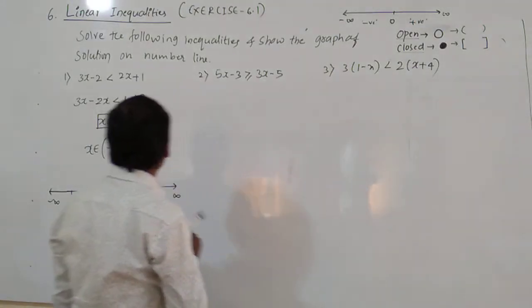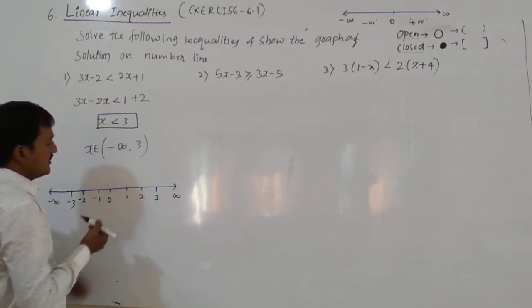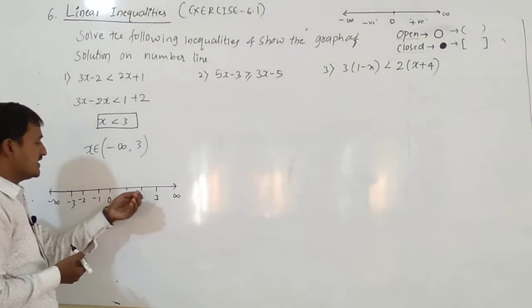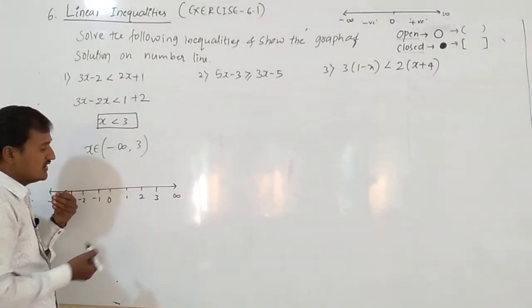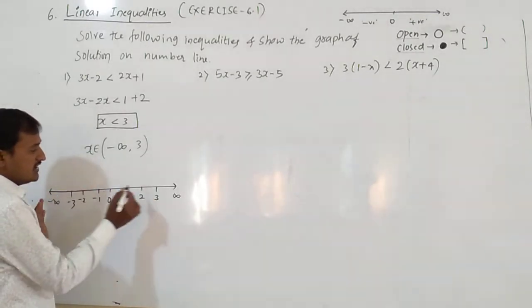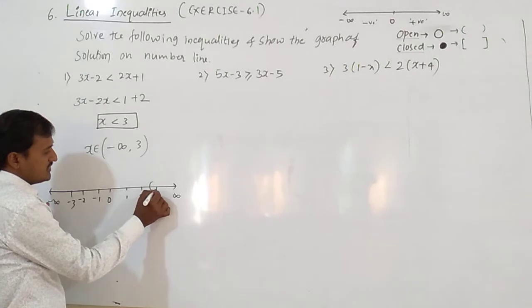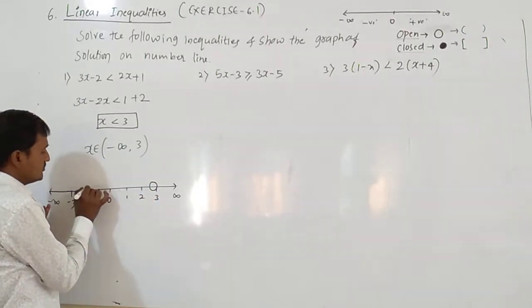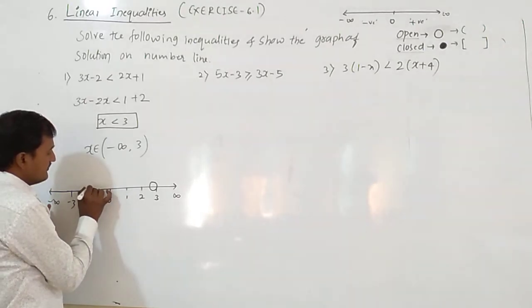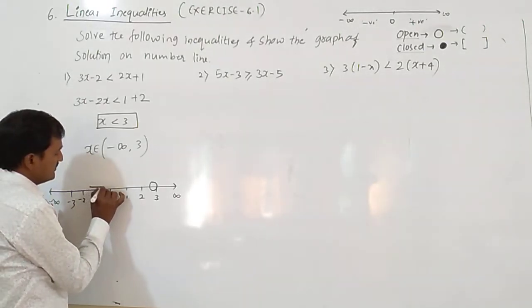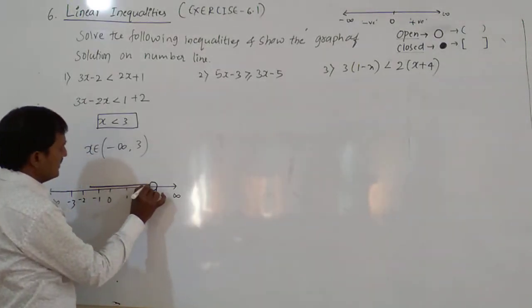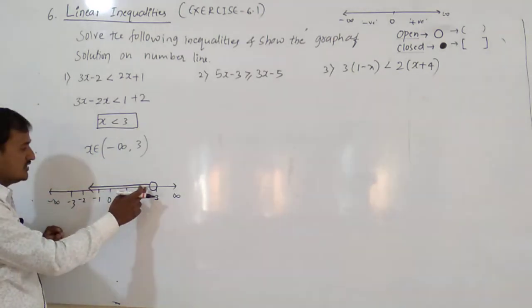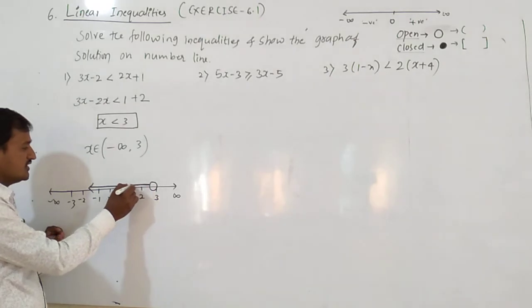Okay. So clearly it is open, meaning real numbers less than 3, which is the left side of the number line. So here I will take the open circle on 3 and show it by marking the arrow, right? So this is the direction. You have to show the graph on the number line by showing the arrow mark.